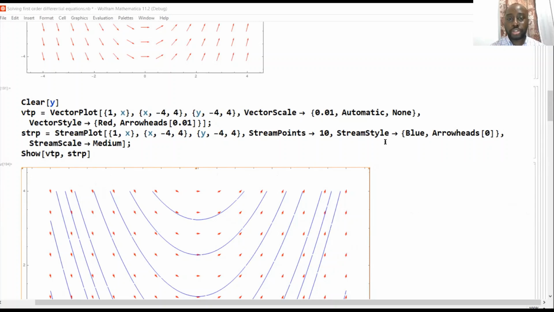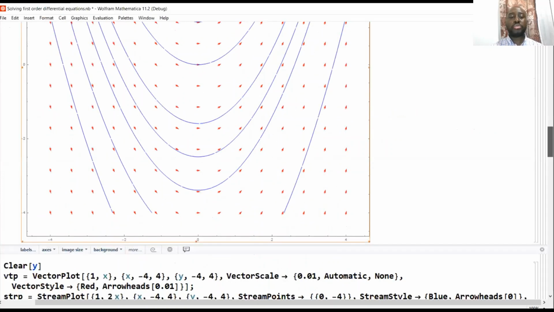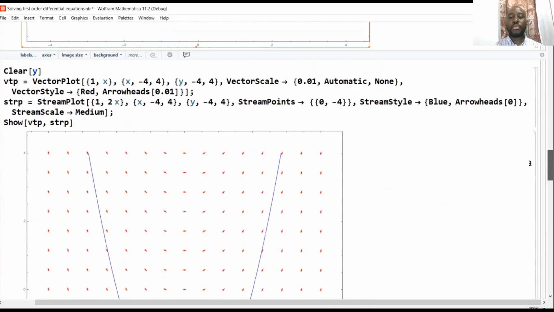Now, there's even more that you can do. If instead of visualizing the whole family of solutions, or at least 10 of the functions in the solutions, you are only interested in visualizing a particular solution for an initial value problem, you can also do that. Let's suppose that my differential equation has the initial condition y of 0 is -4, which means that the point (0, -4) has to lie on my solution curve.